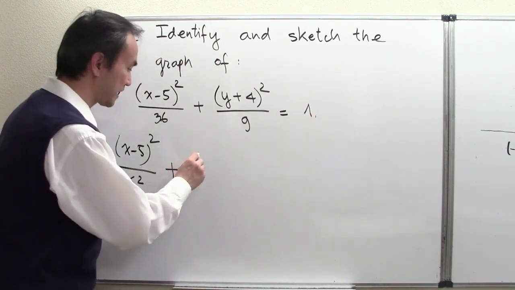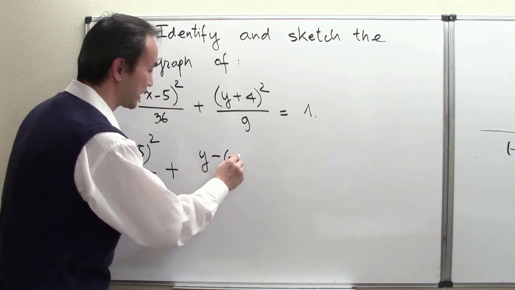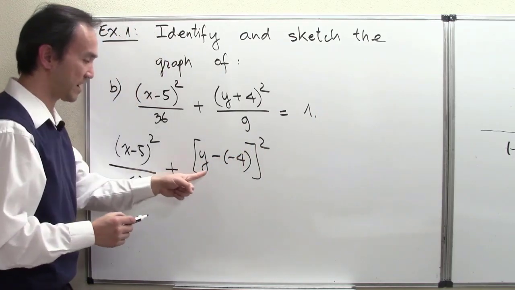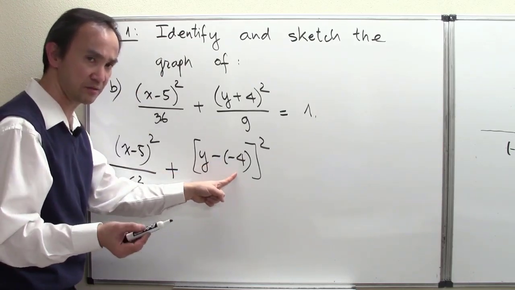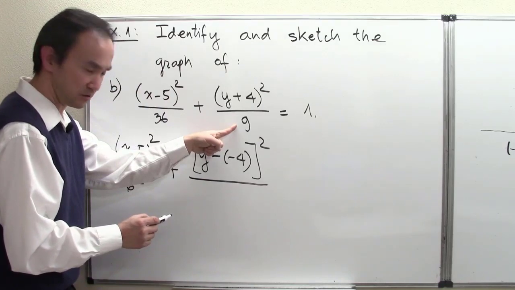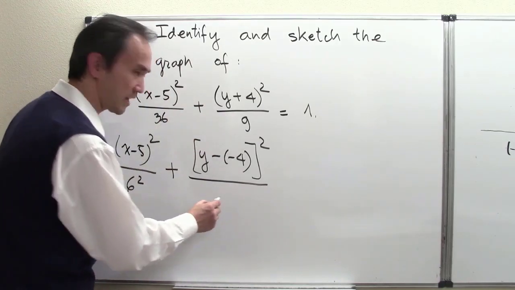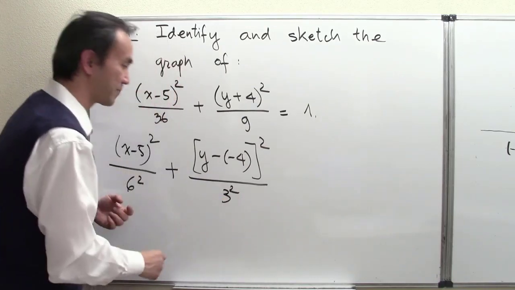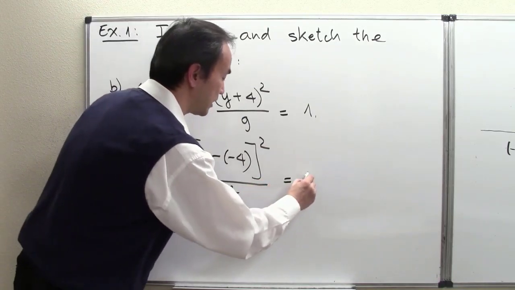So here we're looking at that as y minus a negative 4 all squared. So now I have y minus k, where k is negative 4, divided by, now this 9 in our denominator here, it's best to think of that as the square of some other number. So 9 is the square of 3, and the right hand side of the equation equals 1.